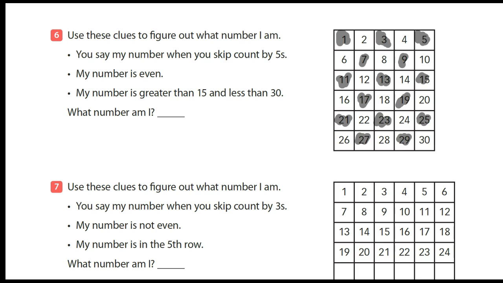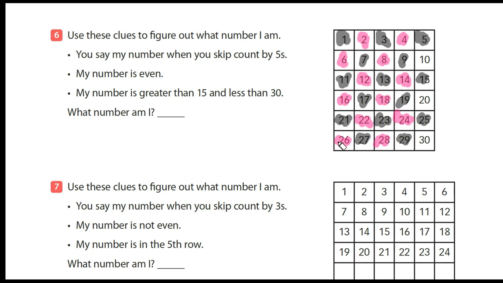So do I go 5, 5, 4, 10? No? See, so I can cross out this one. I can cross out the 4, the 6, the 8, the 12, the 14, the 18, the 16. Can I cross out 20? No, because I go 5, 10, 15, 20, right? The 22, the 24, the 28, and the 26. So now I got 3 numbers left.